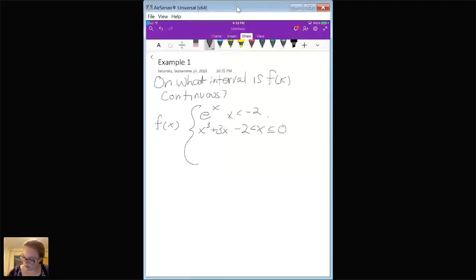We have 3x over x minus 1 when x is between 0 and 5. And then last but not least, we have sine of 4x when x is greater than or equal to 5. Okay, awesome. So we've got a function.